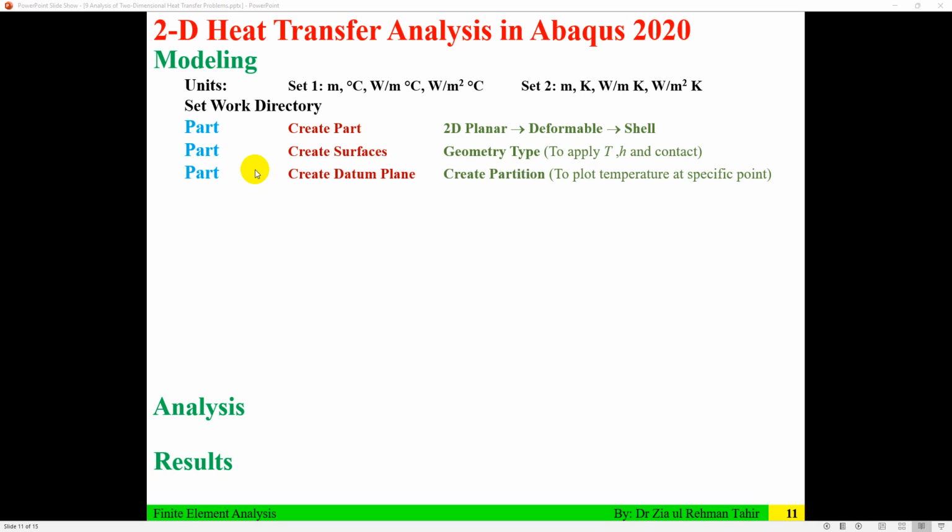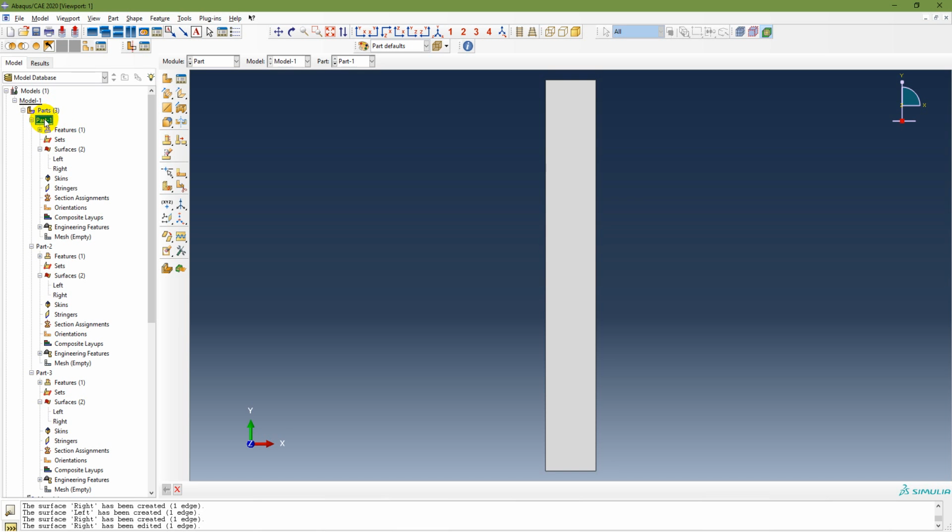So in create Datum plane. Datum plane is usually created, or sometimes the partition is created, so that you will get your required specific points on that part. So I'm just creating that Datum plane for each model. So that is part 1. Here is part 1.